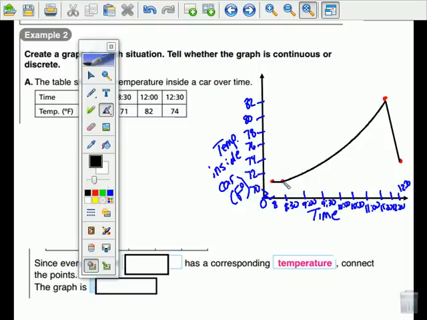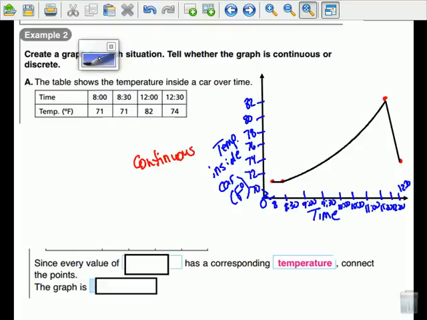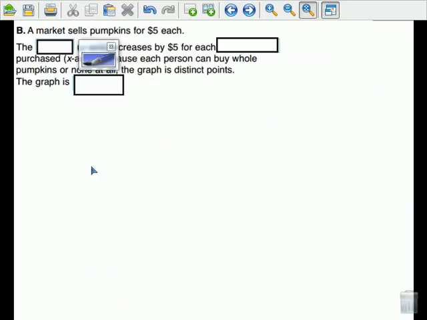And I don't know if it's going to end up being a curve like this. It just happened to be a curve the way that my pen worked. So this is continuous. So we need to write continuous. Okay, and then down here we'll just uncover these. It says, since every value of time has a corresponding temperature, we connect the points. And again, like I said before, the graph is continuous.